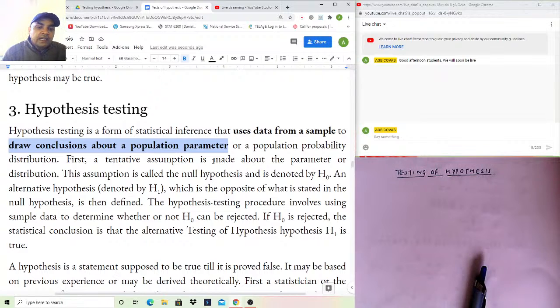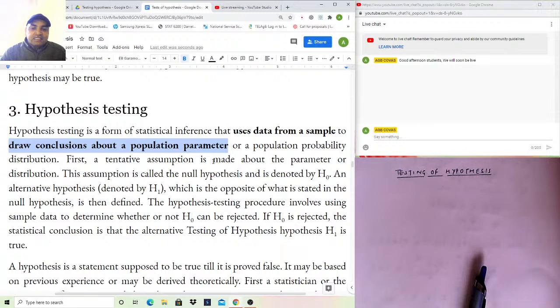First, a tentative assumption is made about the parameter or the distribution. This assumption is called the null hypothesis and is denoted by H0. An alternative hypothesis, denoted by H1, which is the opposite of what is stated in the null hypothesis, is also defined.